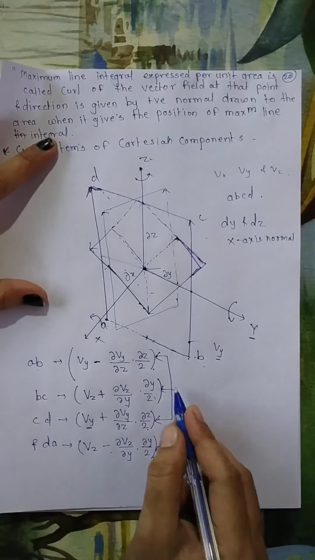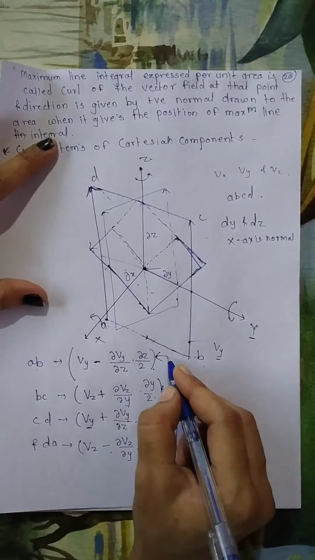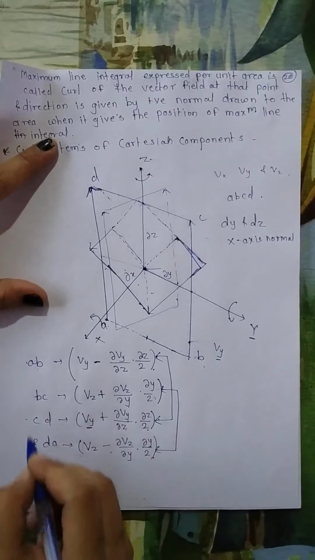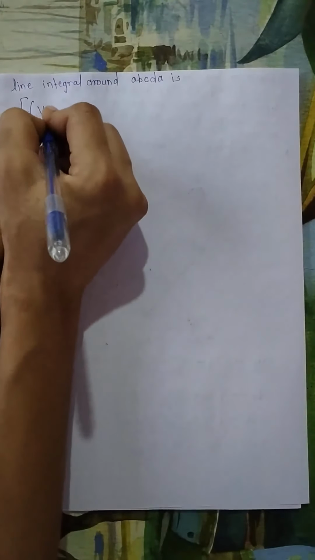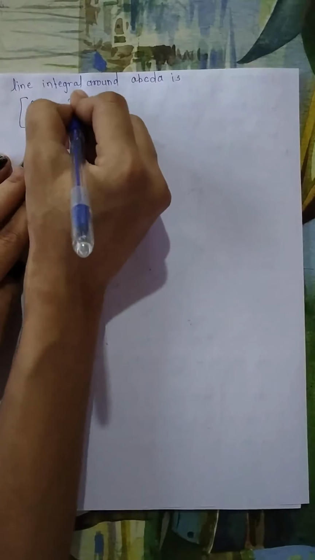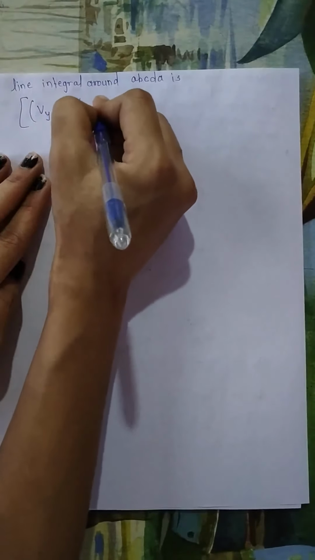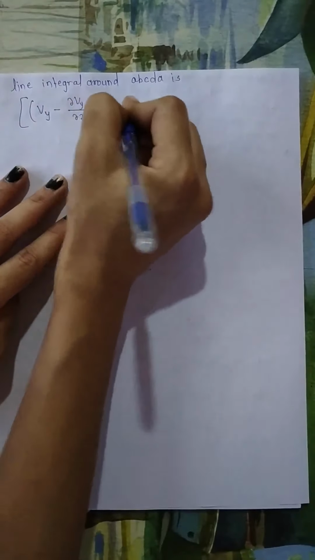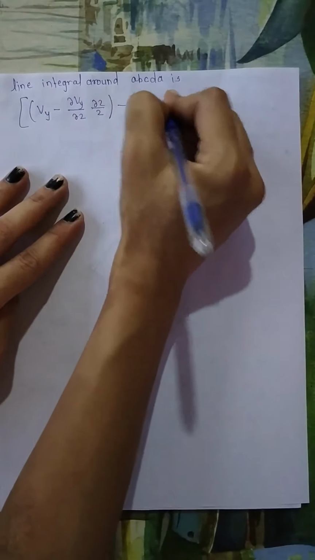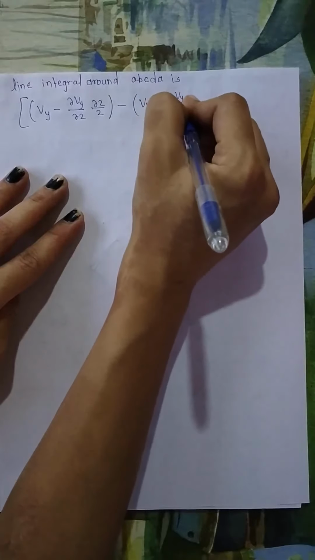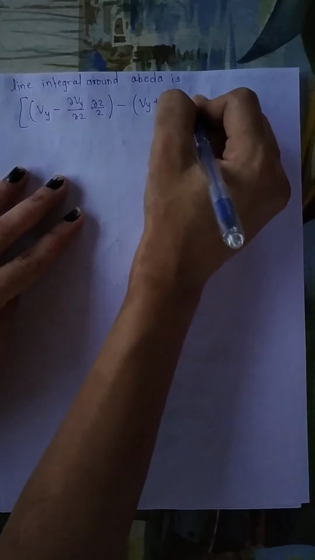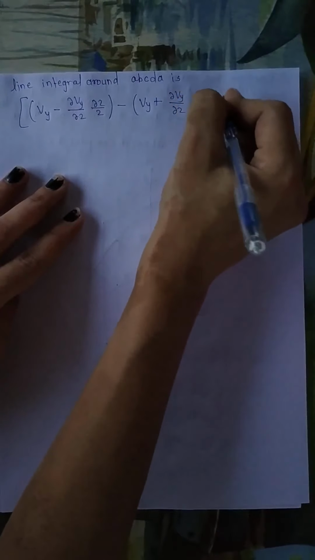So if we add the subtraction of these two sides and these two sides, we will get the total flux. First we calculate the net flux along y, which is Vy minus dou Vy upon dou z into dou z by 2, minus Vy plus dou Vy upon dou z into dou z by 2, into dy.